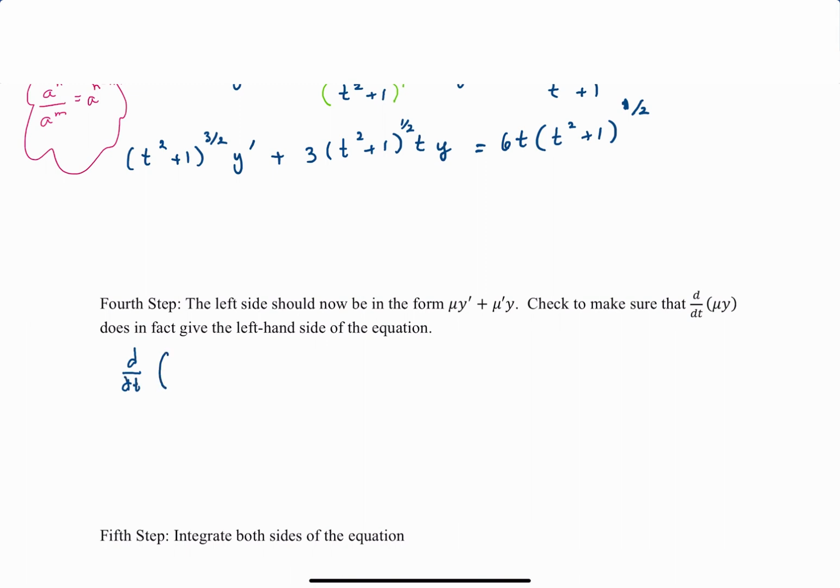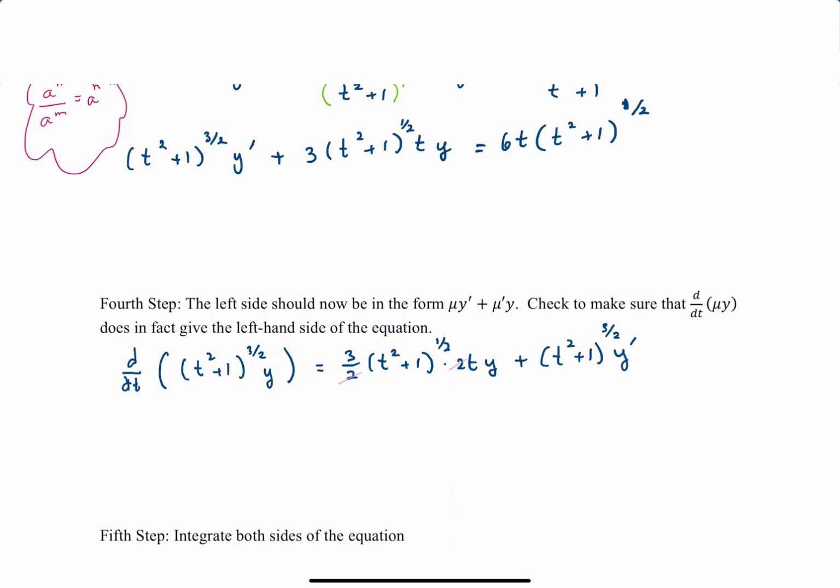So our mu was (t squared plus 1) to the 3/2, and then we have our y. Using the product rule, I'll have 3/2 (t squared plus 1) to the 1/2 power times 2t times y plus, and this time I won't differentiate the first factor, so I'll keep the (t squared plus 1) to the 3/2 power, and differentiating the y gives y prime. Let's simplify that.